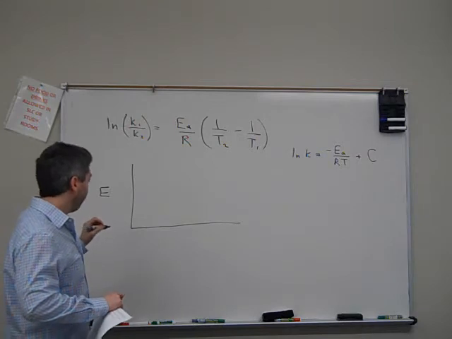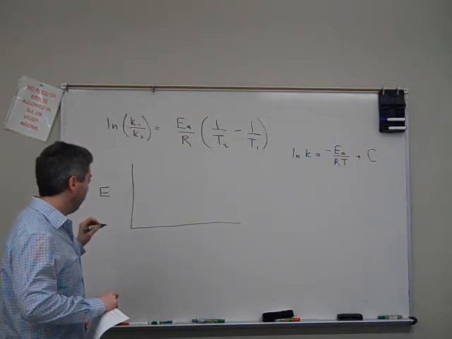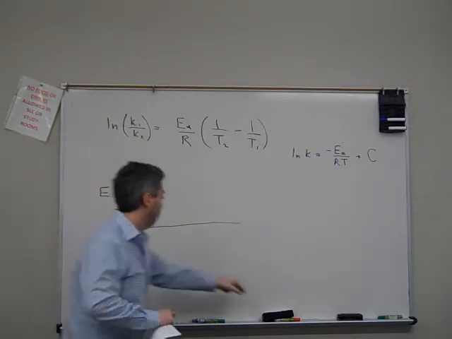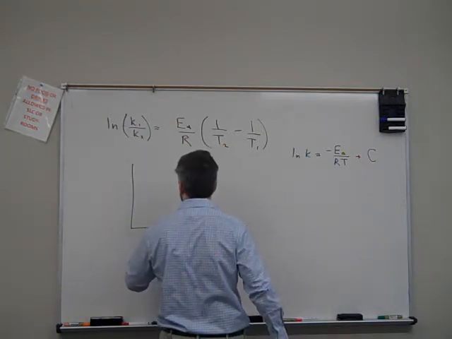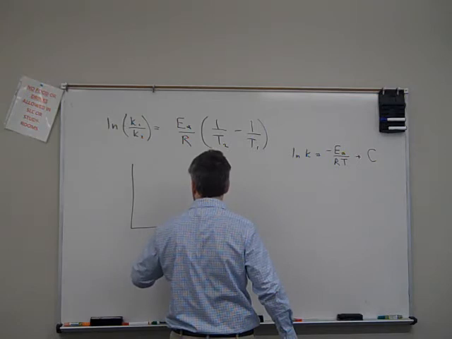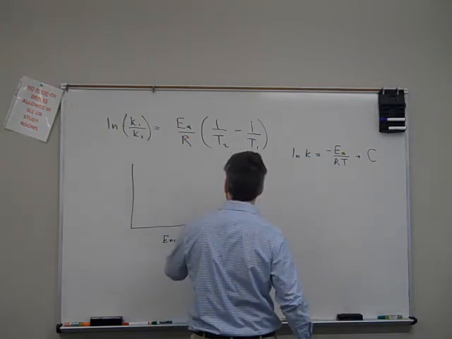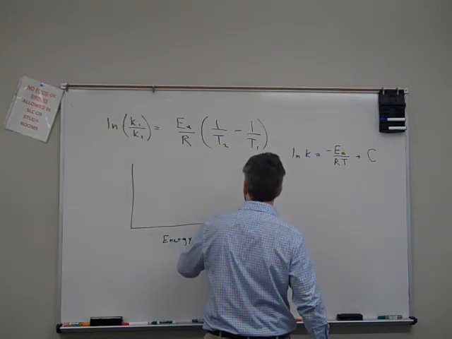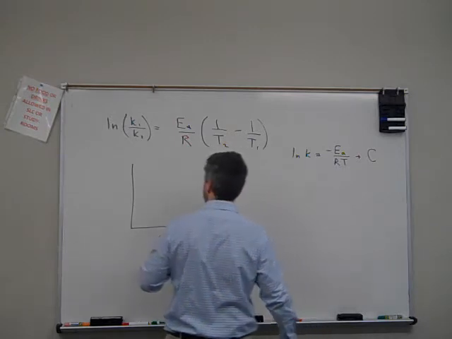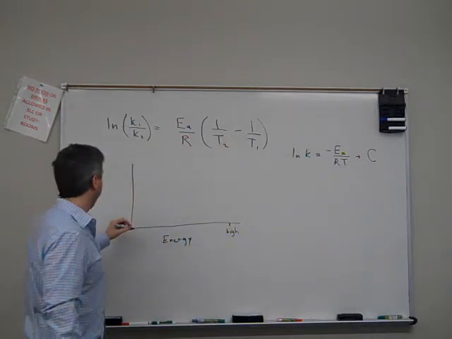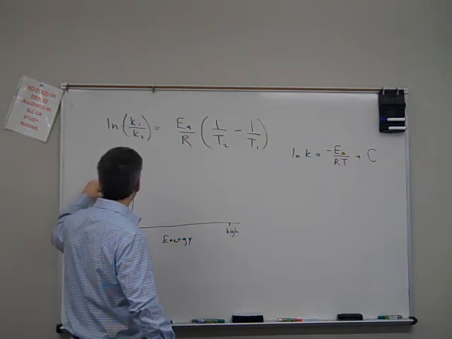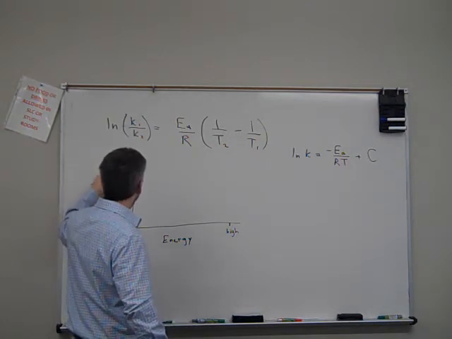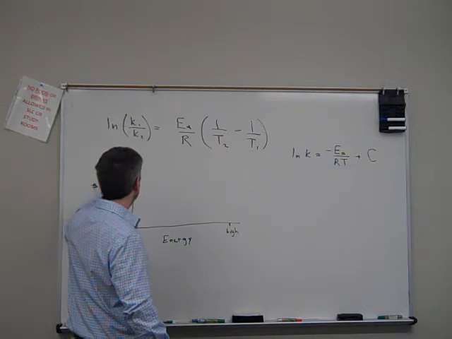Okay, so let's see. Energy distribution. So this would be the different amounts of energies. This would be relatively high energy, and very high energy, and on this side would be low energy, okay? And this would be the number of atoms or molecules having that energy.